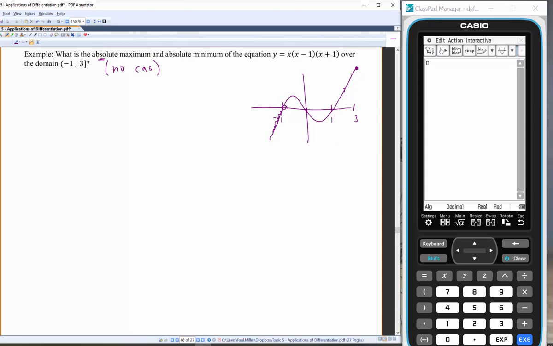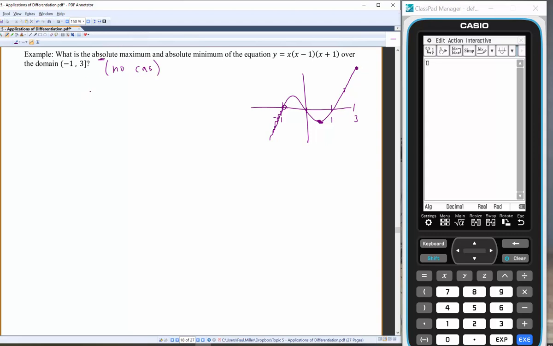What we can see fairly quickly is that even though this endpoint here, -1, wasn't included, we don't even need to worry about it, because the absolute minimum is going to be the local minimum. The absolute maximum is going to be whatever f of 3 actually is.